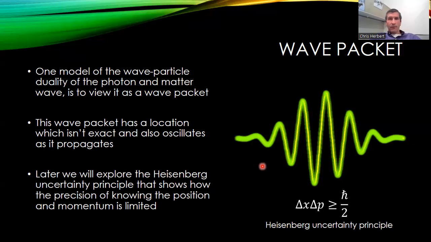But one model that I find appealing is this wave packet, this idea that the location of the wave has some finite nature to it, but it also has an oscillation. Basically, if we were to take a pulse of some wave, limit when it begins and when it ends, we would see something very familiar that looked like this.